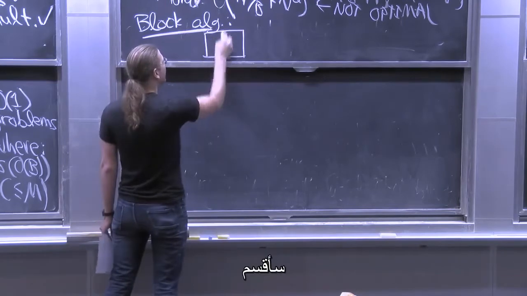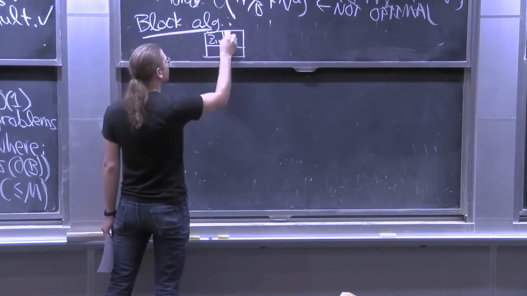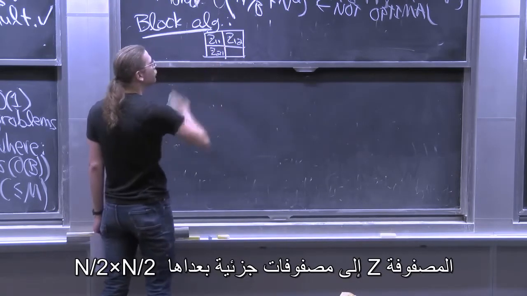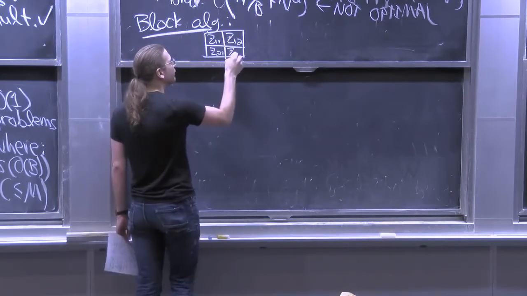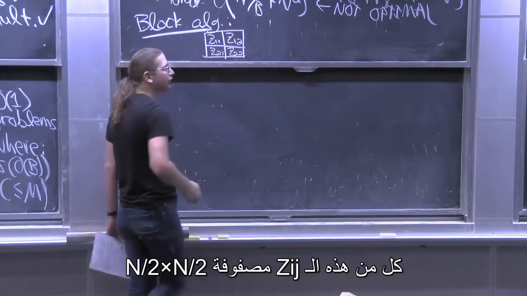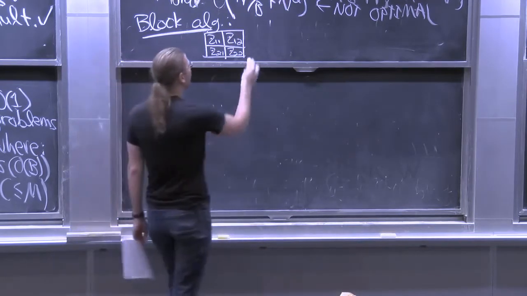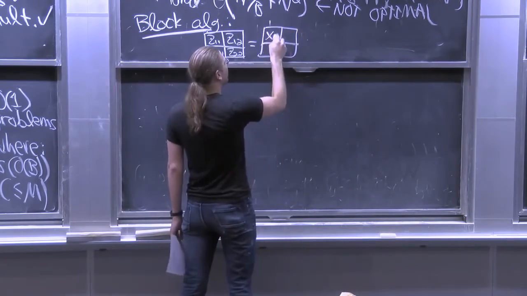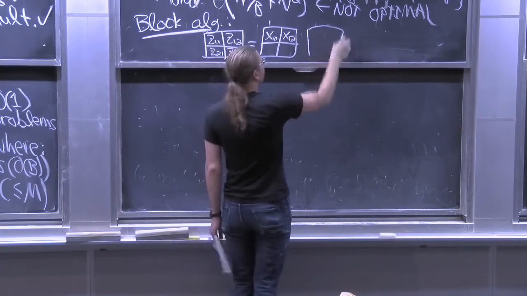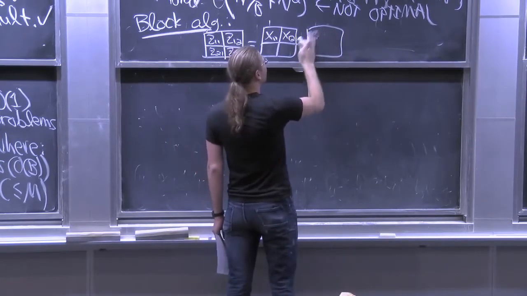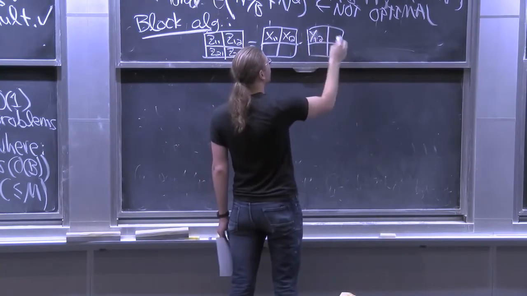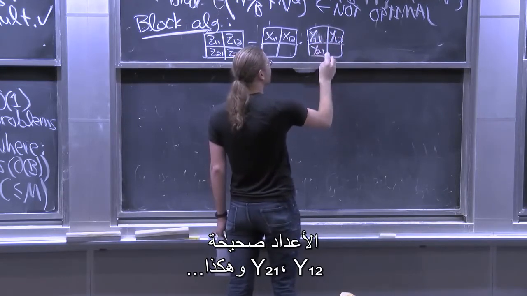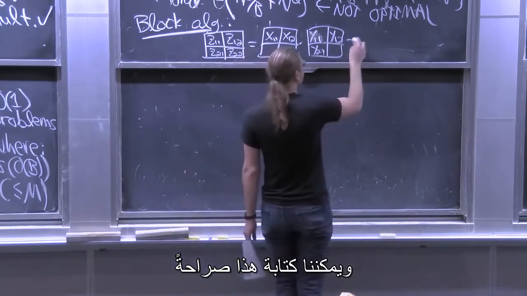I'm going to divide the matrix Z into n over 2 by n over 2 submatrices. So each of these Zij's is an n over 2 by n over 2 matrix. And I do the same thing for X and Y. And you can write this out explicitly.